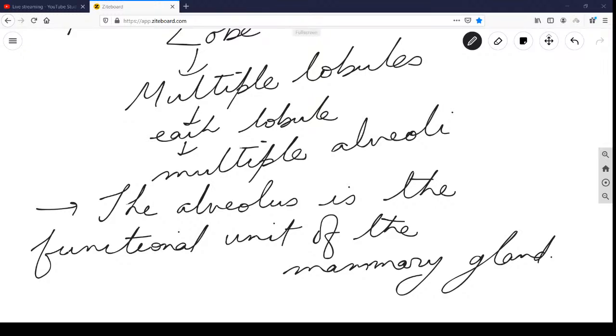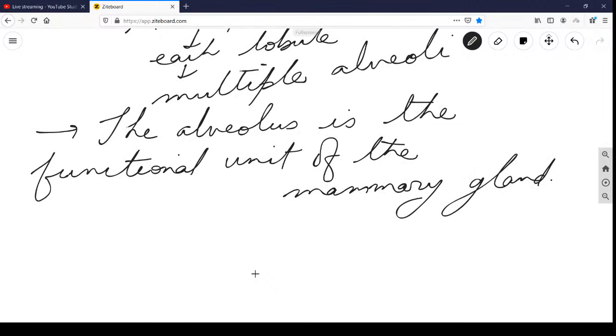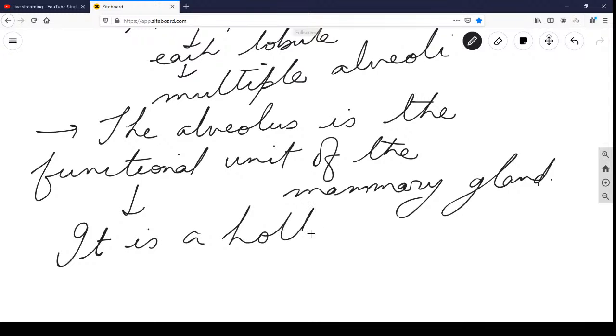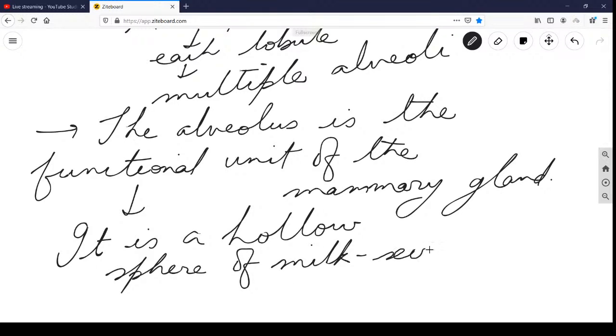It is a hollow sphere made up of milk secreting cells. Hollow sphere of milk secreting cells.